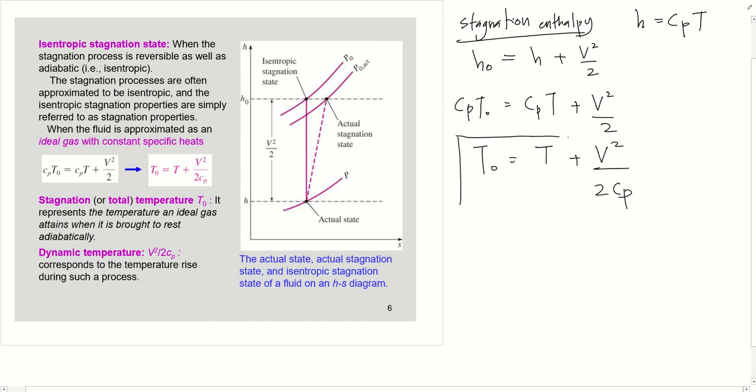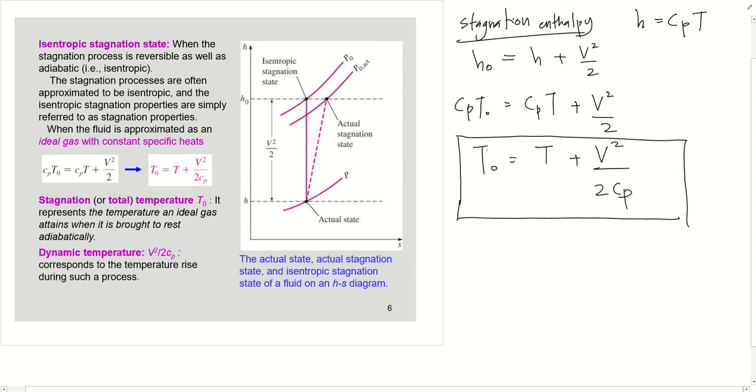So the total or stagnation temperature is the summation of the static temperature, where T is the static temperature, and also the dynamic temperature. V squared over 2 Cp is known as the dynamic temperature.